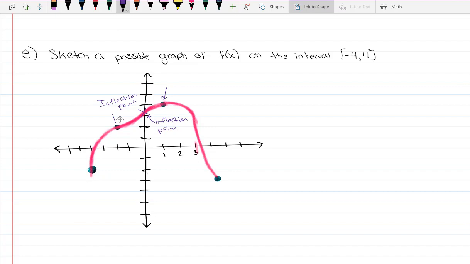Here we have a local max. Here we have a local min. And here we also have a local min. This is a possible graph for f of x. The graph could look different depending on where the maxes and mins were. I know my graph's not necessarily perfect, but it's pretty close. If you were to draw this kind of graph, as long as everything's labeled on a test, that would be okay.